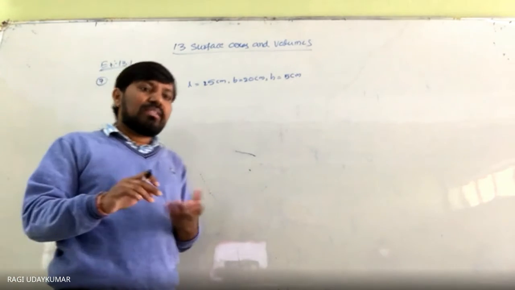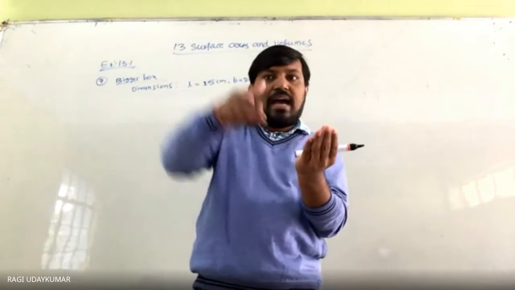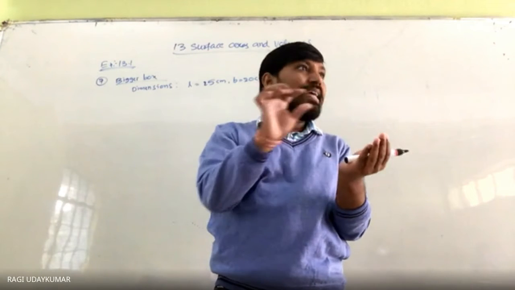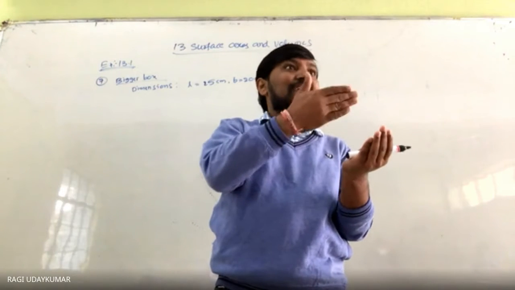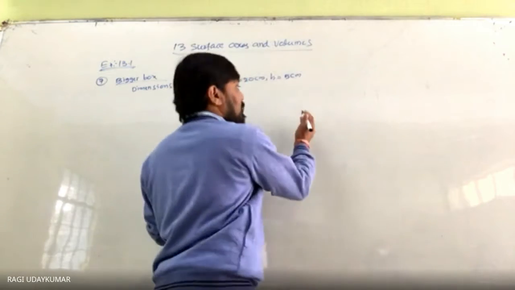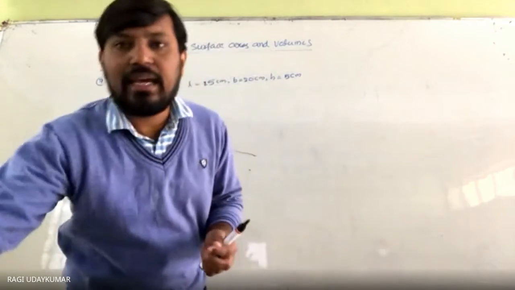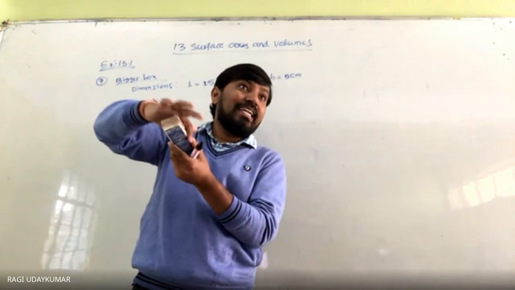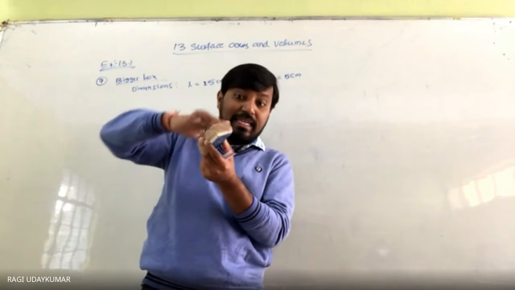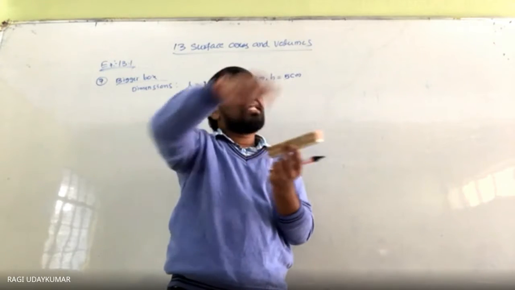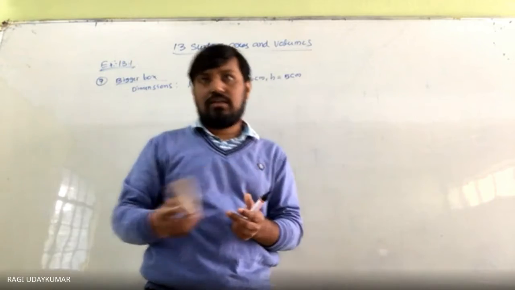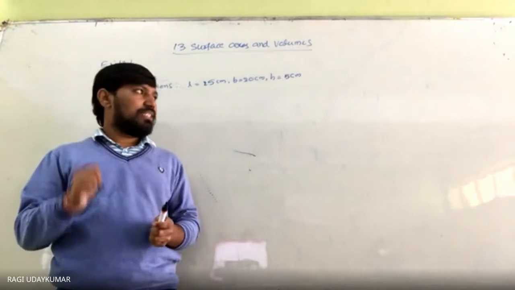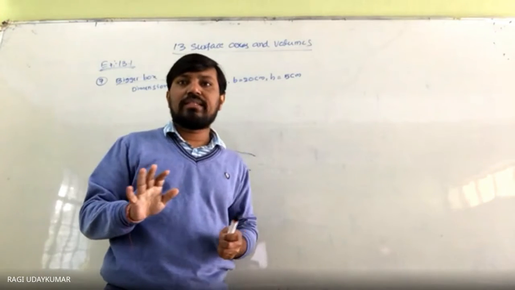How are boxes for one box? A sweet box is pushed inside another box like this, so some extra area is required because there are two parts. This is the length, suppose it is a cuboidal shape. If you are considering placing this on top like this, then this part is extra. So for this extra part, 5% of the total area will be taken into consideration. The 5% is given in the question. So what to do here in this situation?